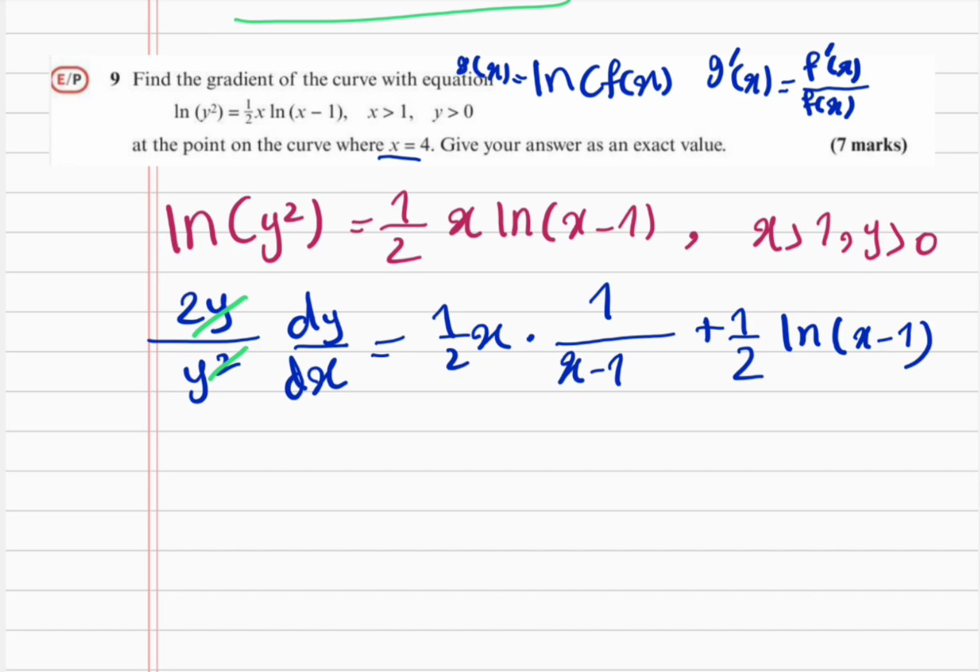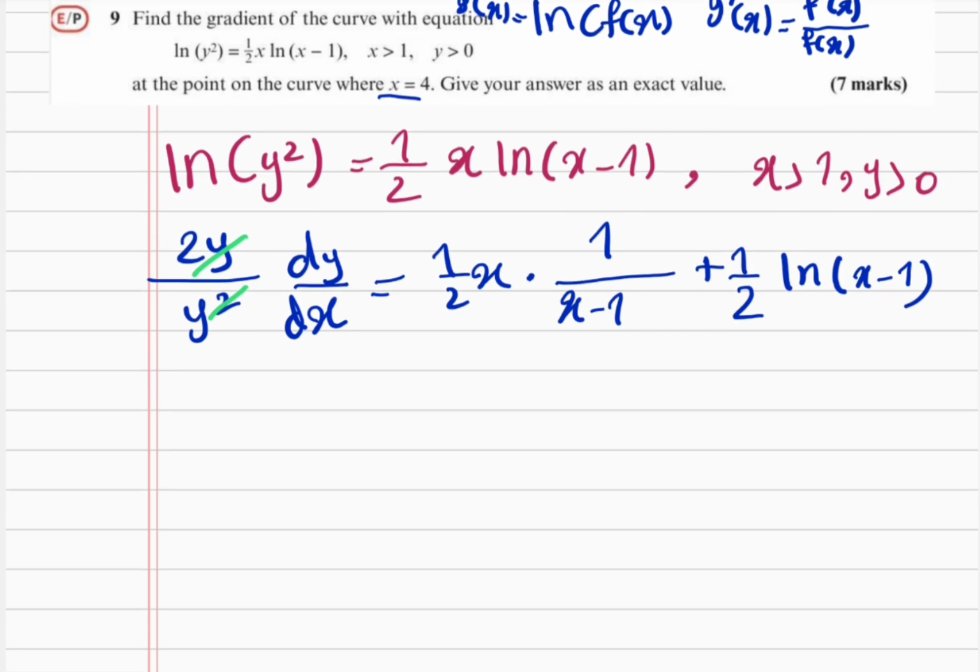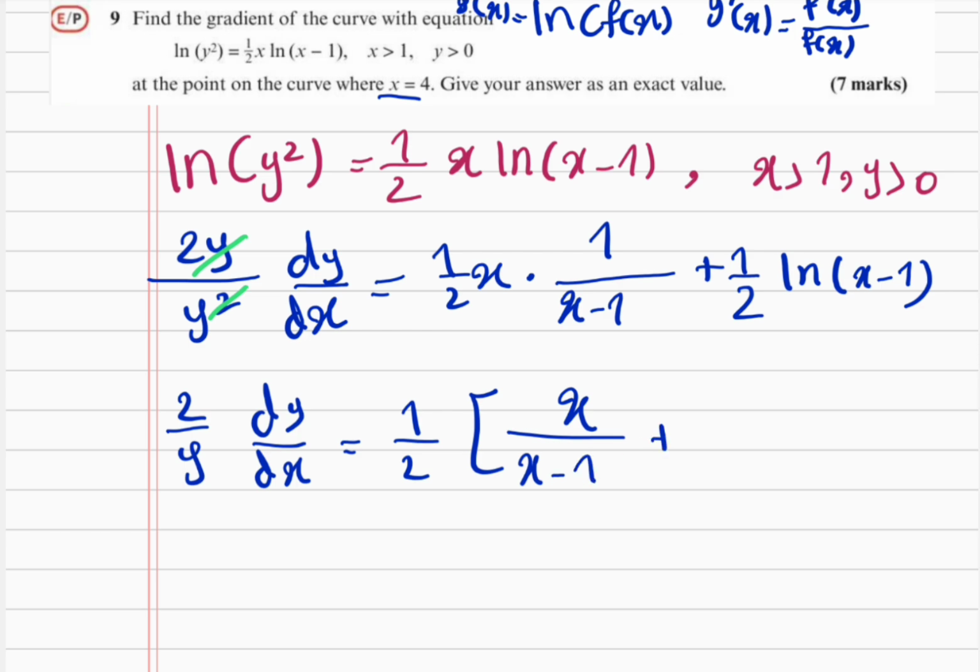Now we can rearrange this. One thing we can do is keep the 2 over y on the left hand side for now, and then on the right take out a factor of a half. So we have x over x minus 1 plus ln x minus 1.